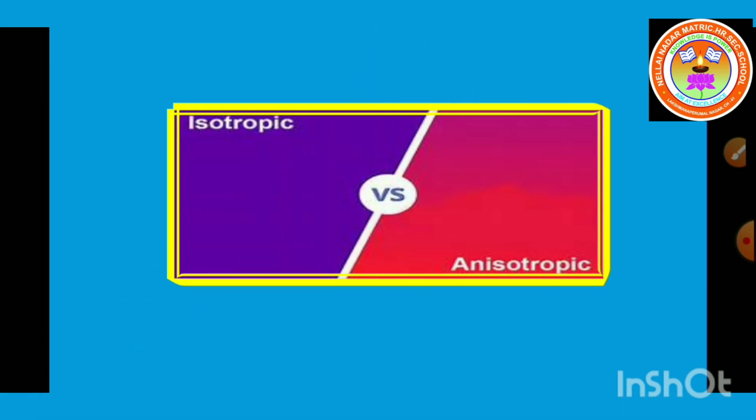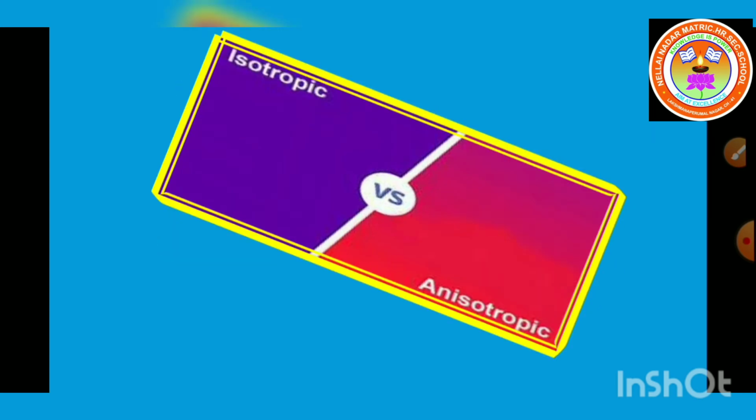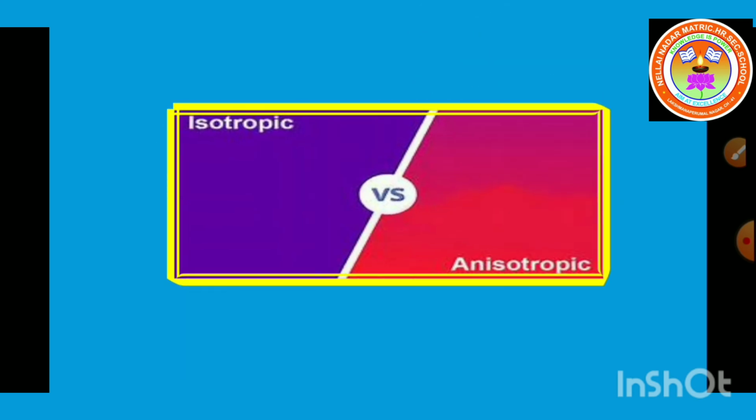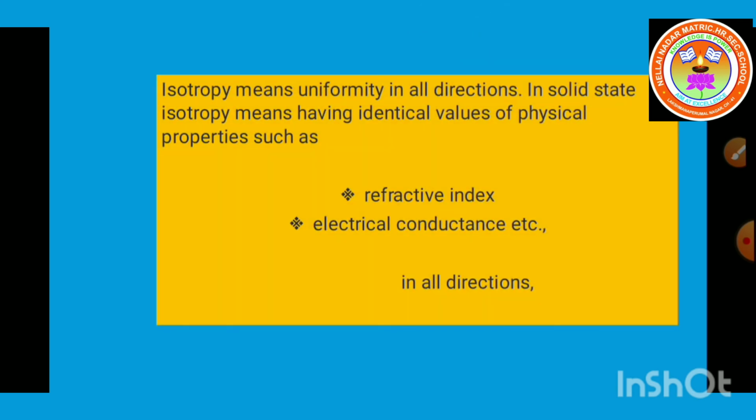After finishing the difference, the next topic is isotropy and anisotropy. What is isotropy? Isotropy means uniformity in all directions. So, shall I apply the concept in solid state?